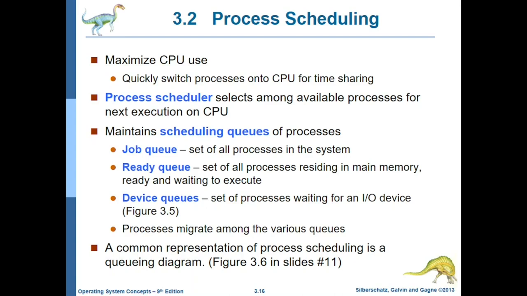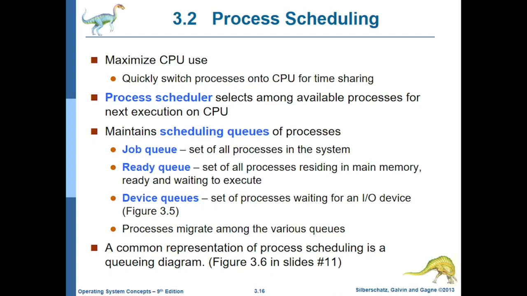The second queue is the ready queue, which contains all the processes that are residing in main memory and are ready to run on the CPU. Main memory is the fast and volatile memory that stores the instructions and data of a program while it is executing.